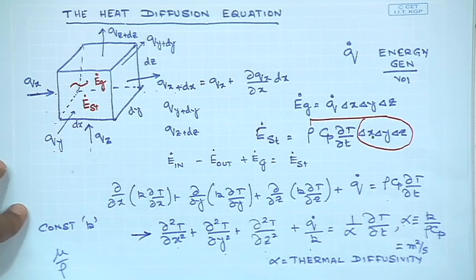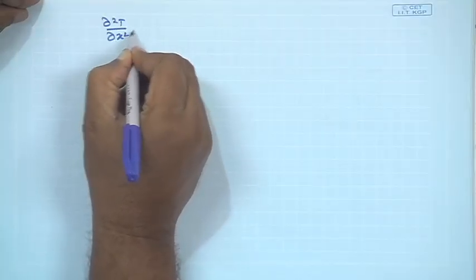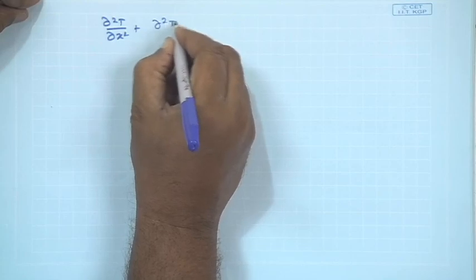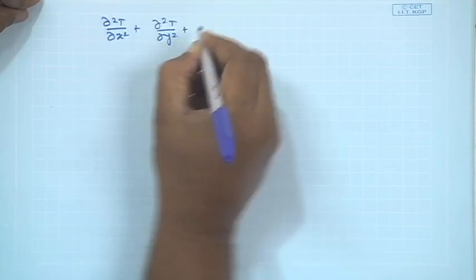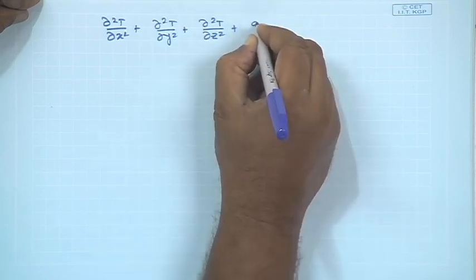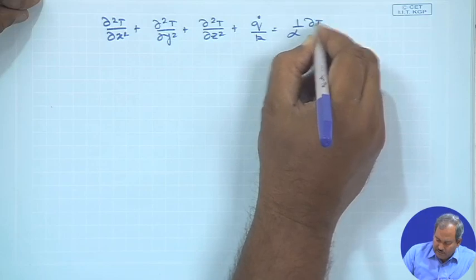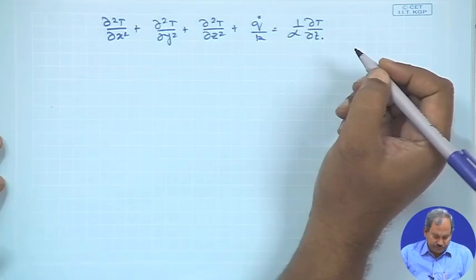So, this is the starting point, and if I write this equation one more time, what we have is del 2 T by del x square plus del 2 T by del y square plus del 2 T by del z square plus q dot by k is 1 by alpha del T by del t.